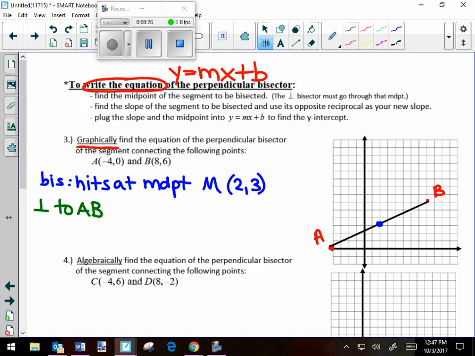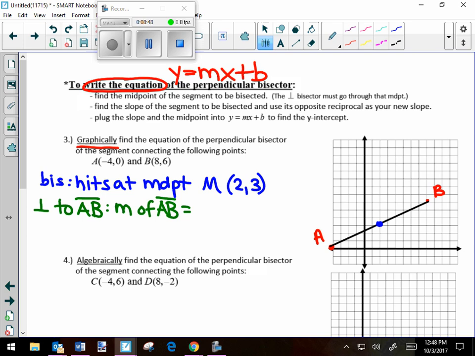So I'm going to use the idea of slope. If I look at the slope of AB and I count on the graph, I find that the slope is going to be up 1, actually up 2 over 3.